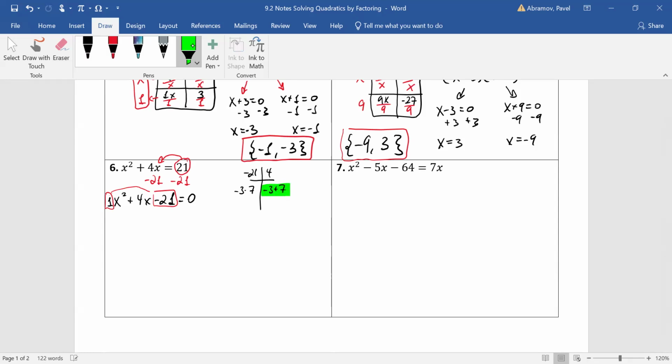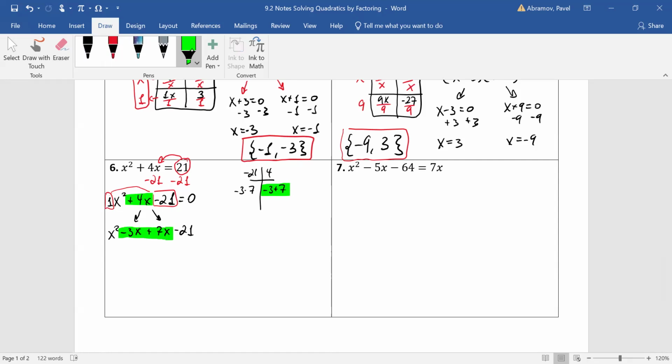And then we factor. So break up the middle number: x squared minus 3x plus 7x minus 21. We don't need to set it equal to 0 yet.